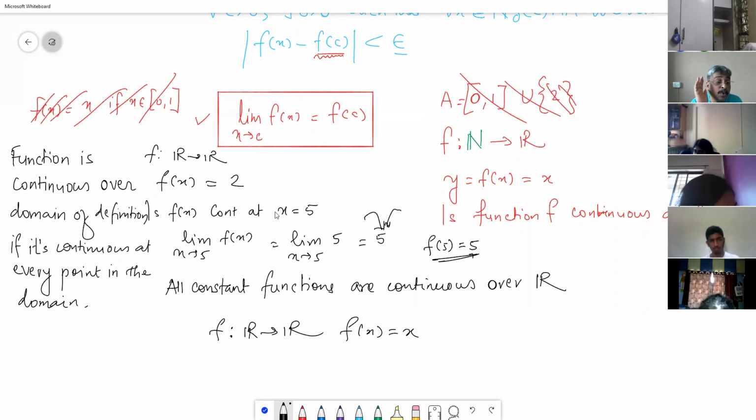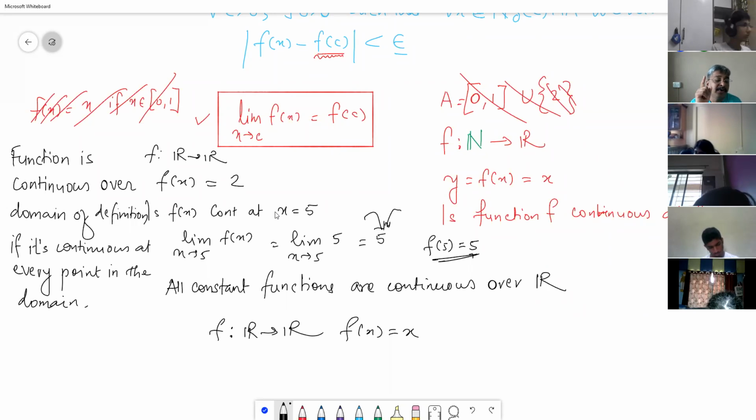We don't want to give this answer based on our intuition, but we should be able to write the proof. The proof is: what is the left hand limit, what is the right hand limit, and what is the value of the function at that point? If left hand limit is equal to right hand limit equal to the value of the function at that point, then we say it is continuous.